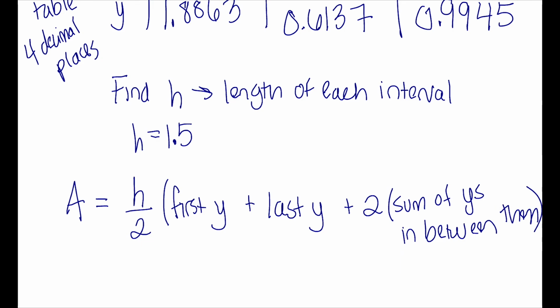So my first y is 1.8863. My last y is 0.9945. Then I have to multiply everything in between by 2 after adding it together. But here we only have one y in the middle, so that's what I'll be multiplying by 2.